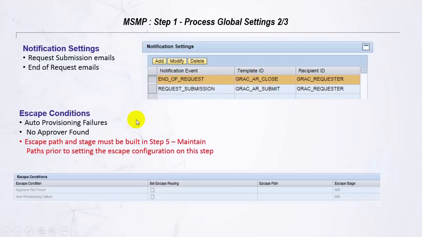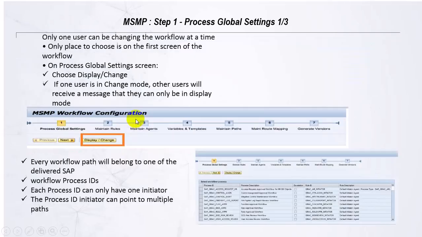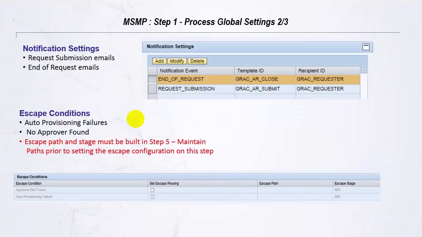The first stage also has notification facilities. Before, we discussed notification facilities at the stage level. This is at the global level.